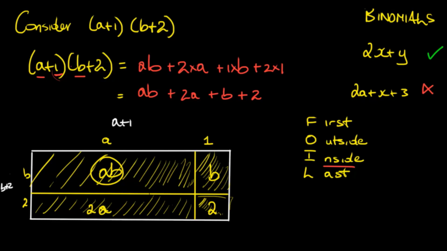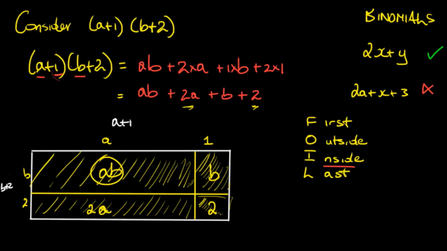So that's just 2a. So now I've been able to split up my rectangle into these 4 different pieces, which is basically saying that to find the area, multiplying the sides a plus 1 and b plus 2, we would get ab, which we found here, b, which we found here, 2a, which we found up here, and 2, which we also found here. So that's the idea.